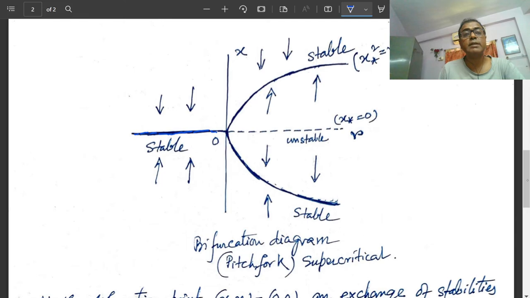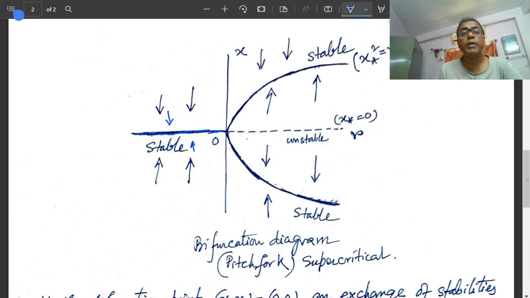So when r is negative we get only one stable equilibrium point. This thick line represents the collection of all stable equilibrium points for r less than 0. And the bifurcation starts at the origin.